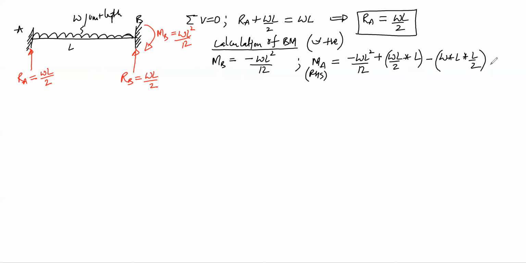So this moment is calculated as minus WL square by 12. So this is the moment at A and moment at B.